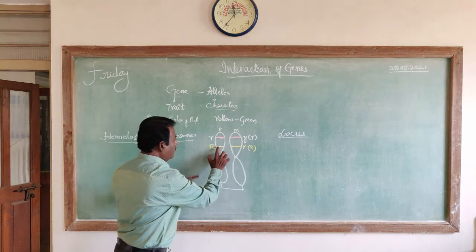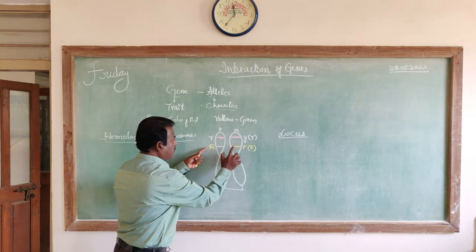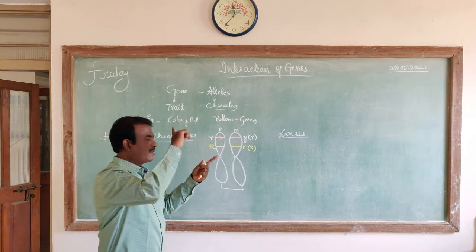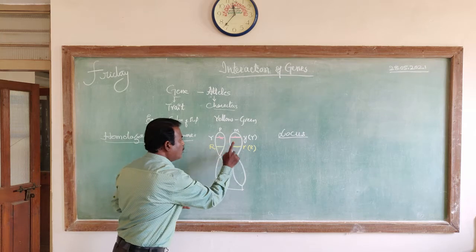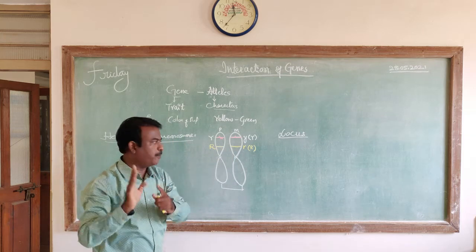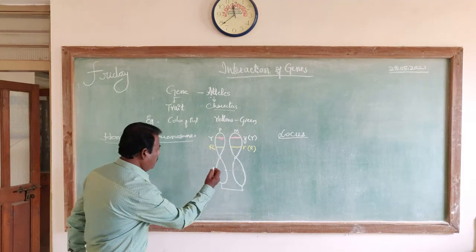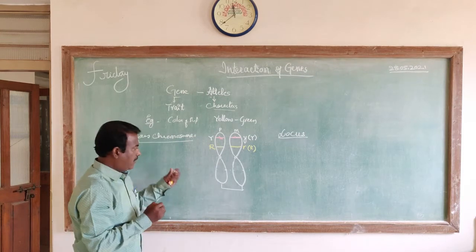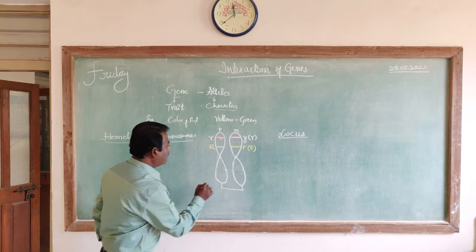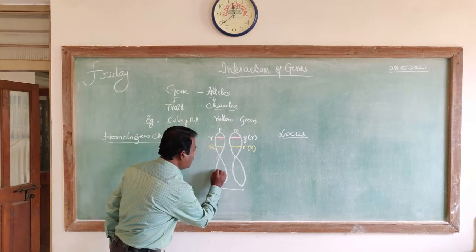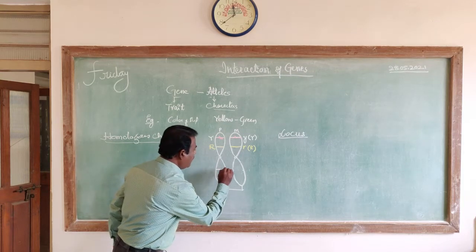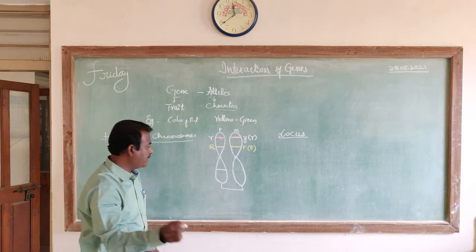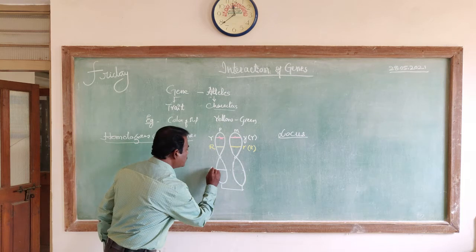However, these two alleles for shape of the seed belong to the same locus. This is my point to tell you. Please focus on this. One more trait let us consider: height of the stem in pea plant. Here is an allele for expressing height as tall.